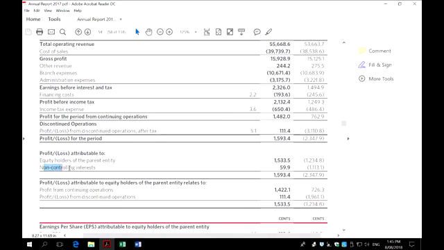The next one, the non-controlling interest. If you do not have a good accounting background, it might be difficult for you to understand what's non-controlling interest. So companies like Woolworths, it's not a standalone company.